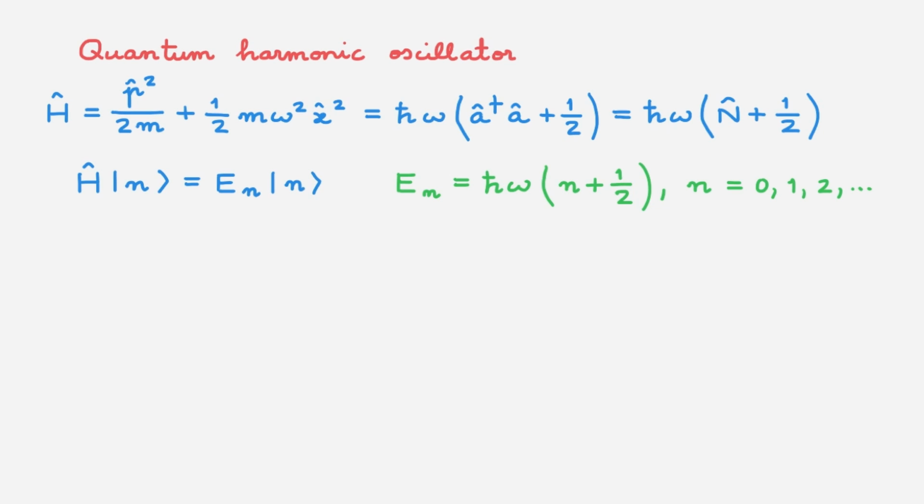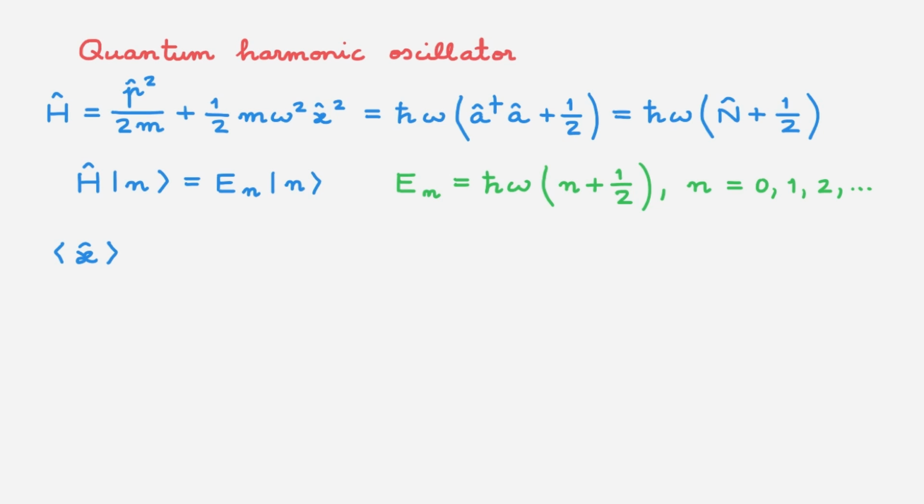However, from the video on Ehrenfest's theorem, we know that the expectation values of operators such as position and momentum can be used to connect the quantum and classical worlds. Therefore, in this video, we're going to look into the behavior of the expectation values of quantum operators and compare them with the motion of the classical particles.